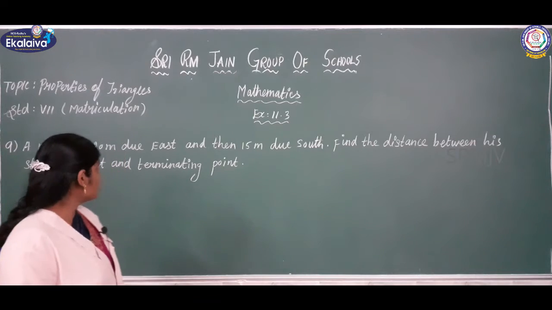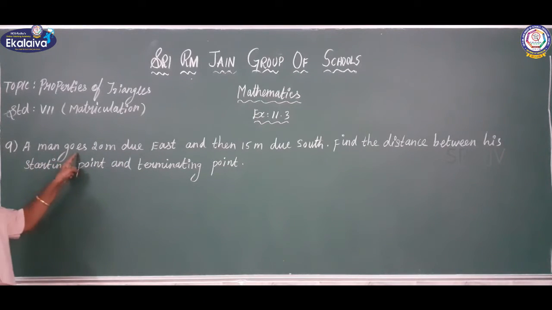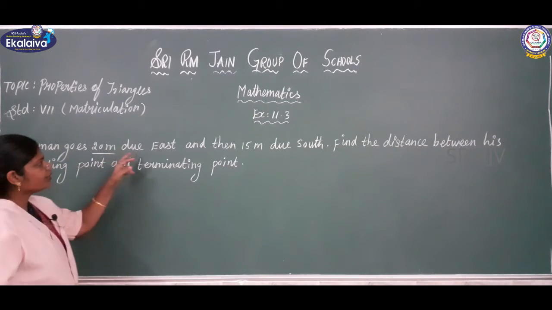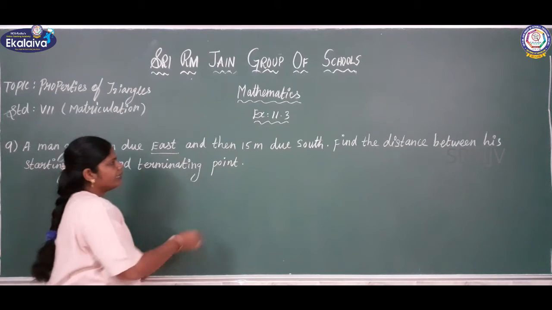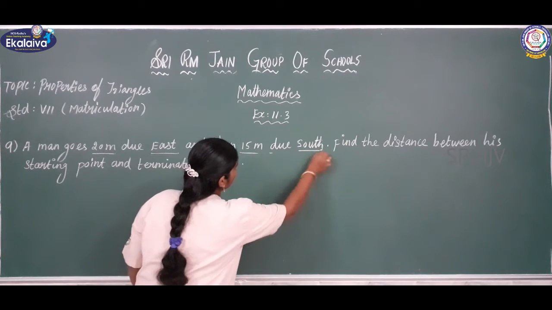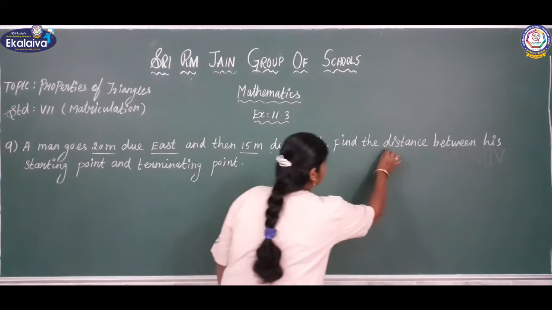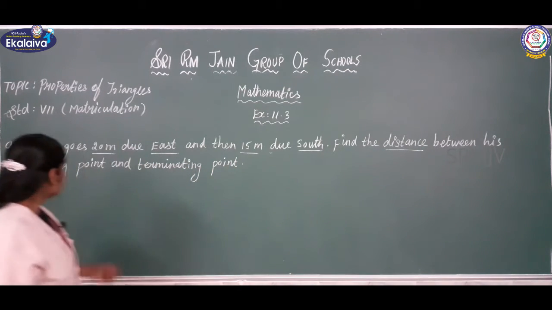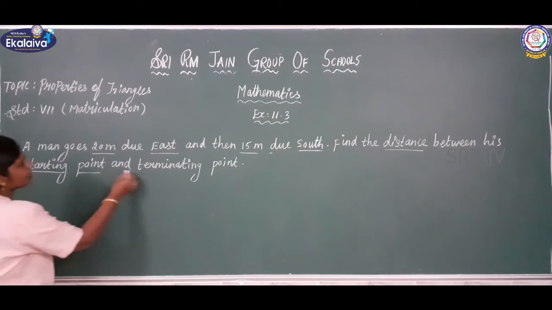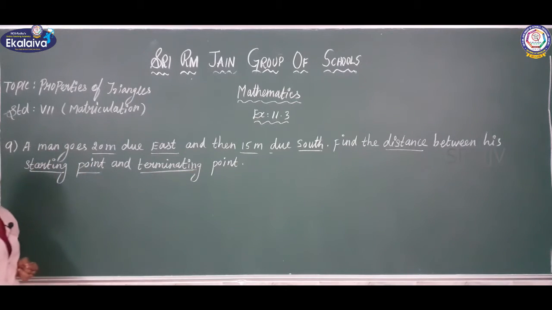See the next question. A man goes 20 meter due east and then 15 meter due south. Okay. Find the distance between his starting point and terminating point. Terminating point means end point. Okay.